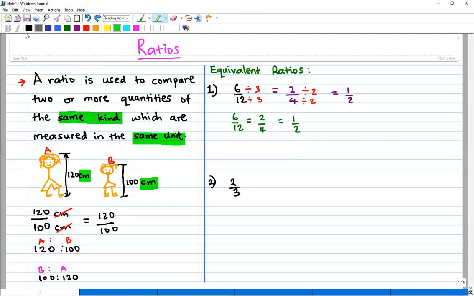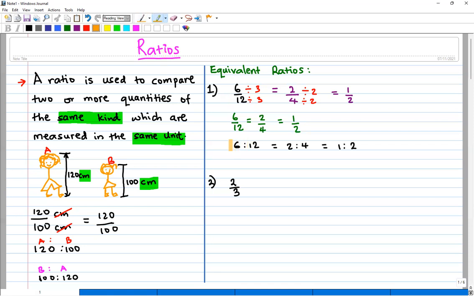Now, similarly, we can write this as 6 to 12. When we write it as a ratio, we say that this is equal to 2 to 4, and again equal to 1 to 2. So that is what we call equivalent ratios.